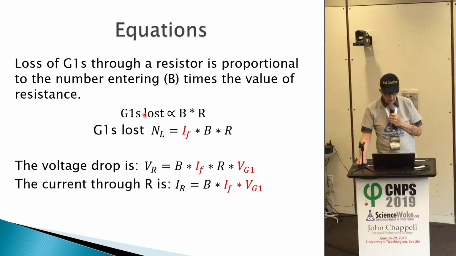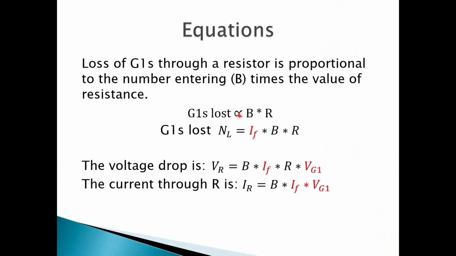The G1s lost, particularly going into the 4K, where B is the number entering, I'm making the statement that the number lost is proportional to the ones entering times the resistance. This is a proportionality.